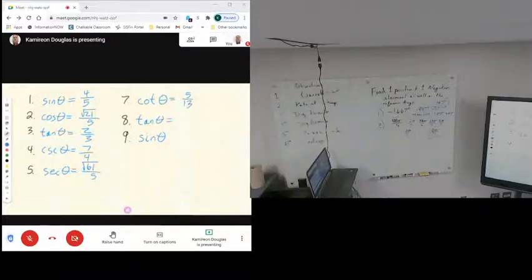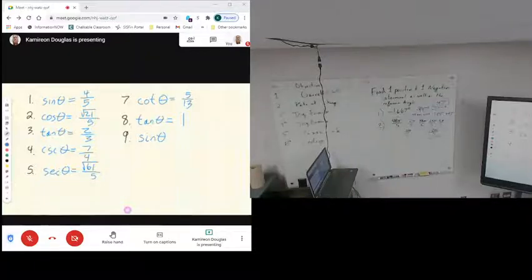Tangent. Okay, the tangent one, I'm going to put it up here, but I'm going to put a hint next to it. Tangent of 1. I'll only put the hint if somebody can tell me what it is.